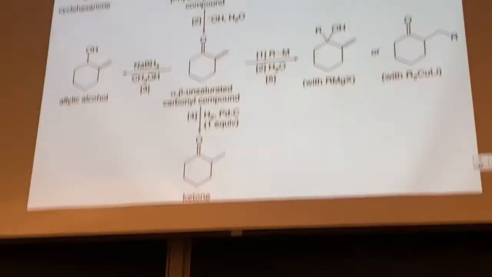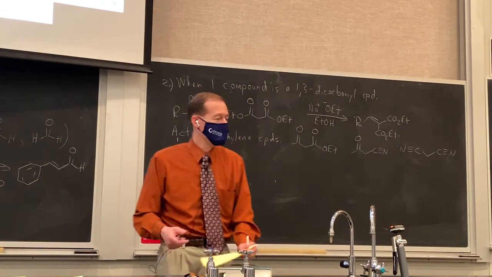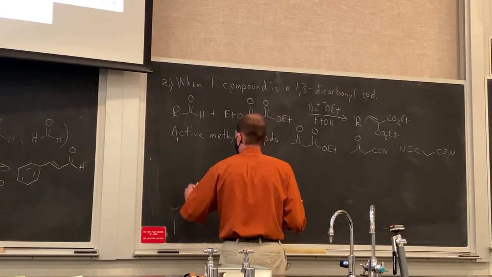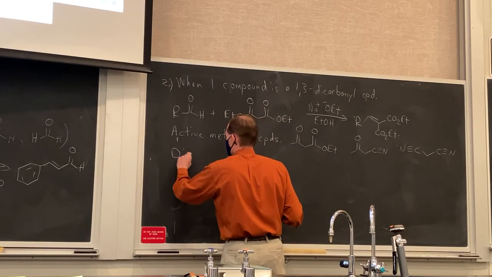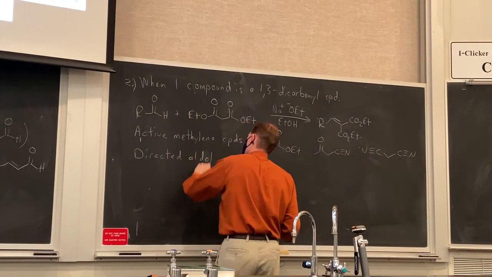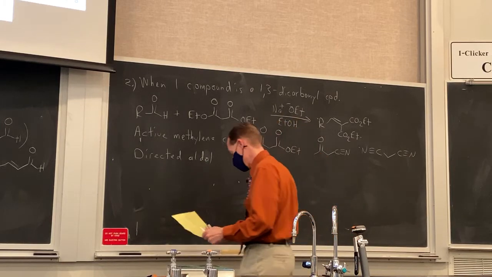All right. So there is another type of crossed aldol reaction that is useful, and we refer to it as the directed aldol. We're going to direct the aldol reaction down a certain pathway. That's why we use this name.